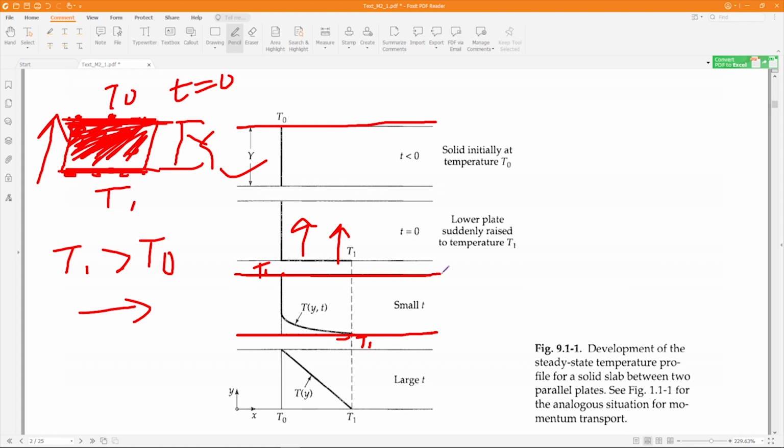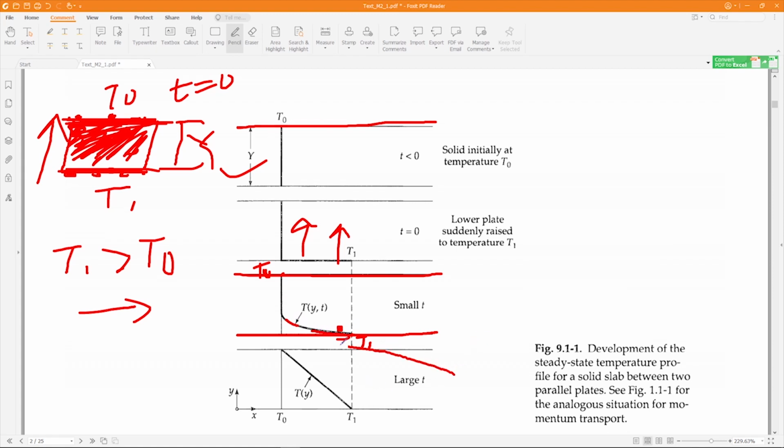In between these two plates, there will be some temperature change. The points close to this surface will try to increase in temperature a little bit.